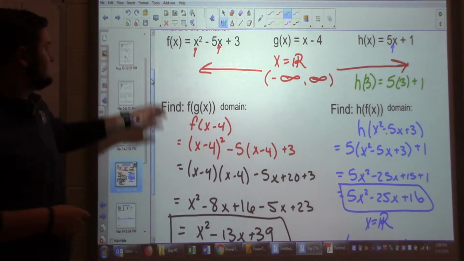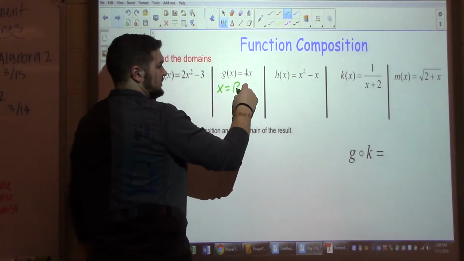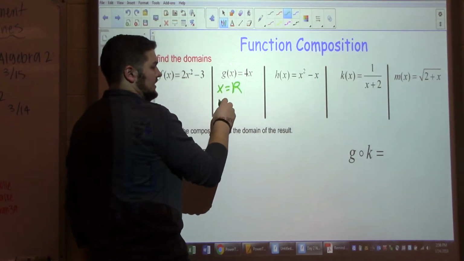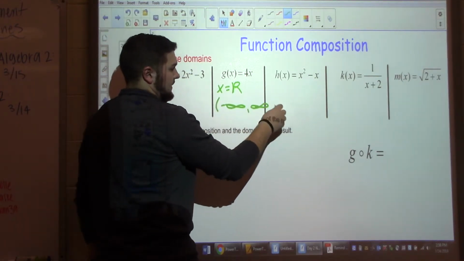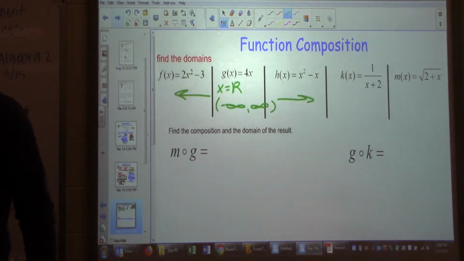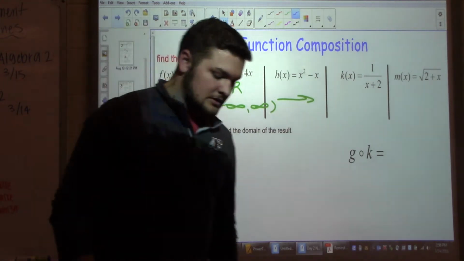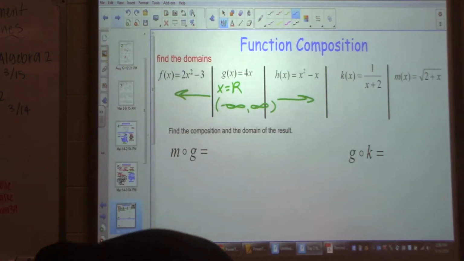Okay? Alright, the first 3 should all be x's in the real number set, negative infinity to positive infinity. K of x has a denominator, which means x cannot equal negative 2.